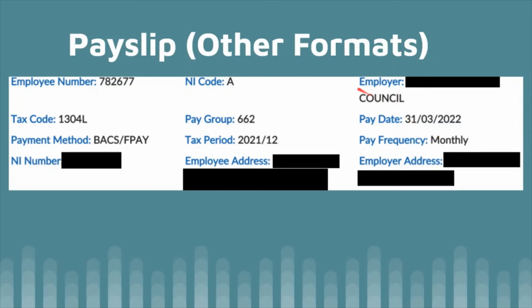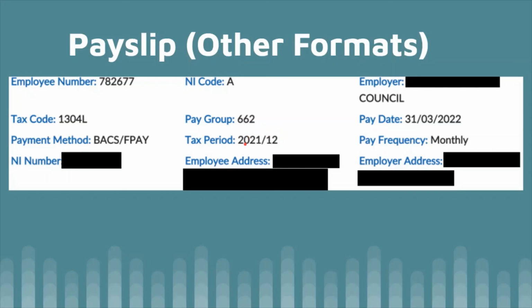Some of the key information is still there. You've got your tax code, you'll have your NI number, your NI code, the NI table letter, the period. Now on this one, it's actually showing you the pay period instead of the period ending date. If you remember back to the beginning of this lesson, the period end date was the 25th of February 2023.